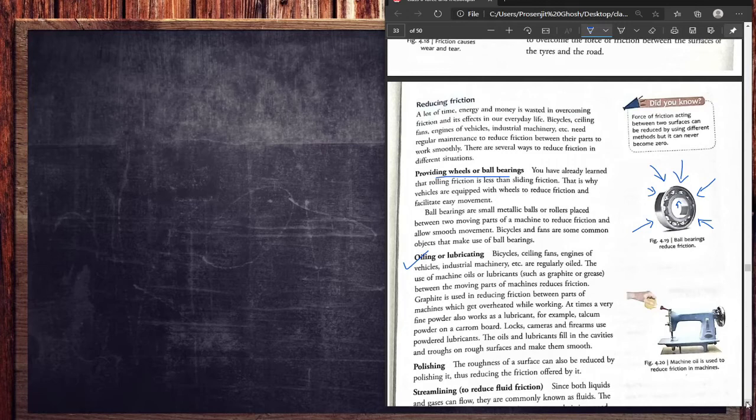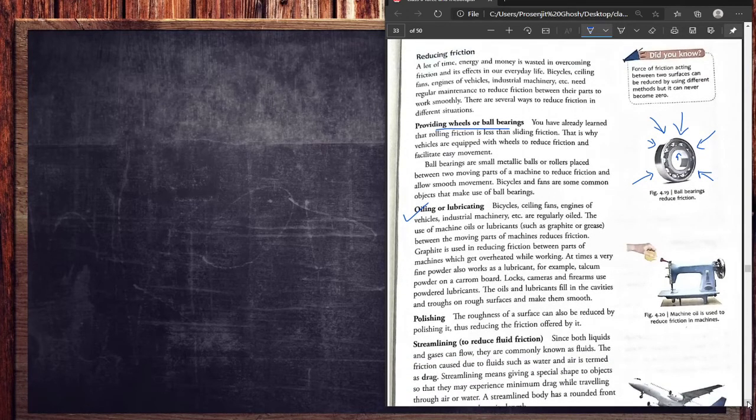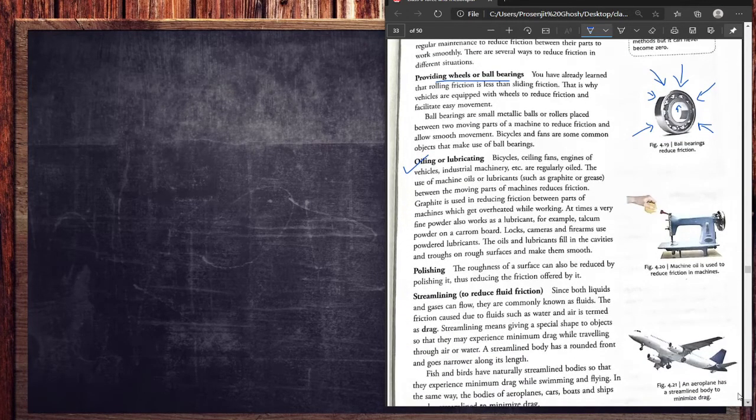So these ball bearings will help you to reduce the friction and increase the working capacity. Remember that. So we just learned about two things: one is ball bearing, second is the most important, oiling or lubricating. These two will help you more to reduce the friction.